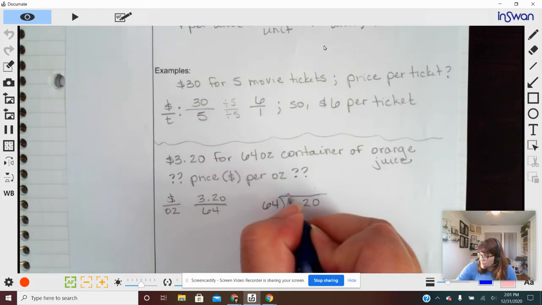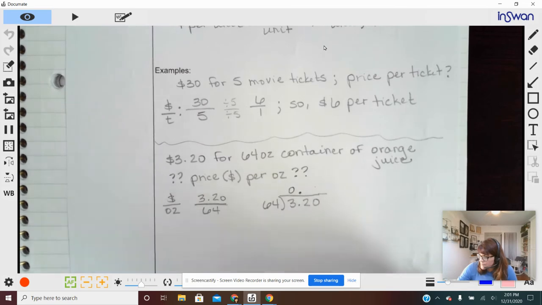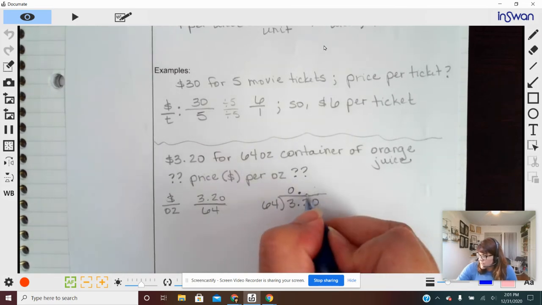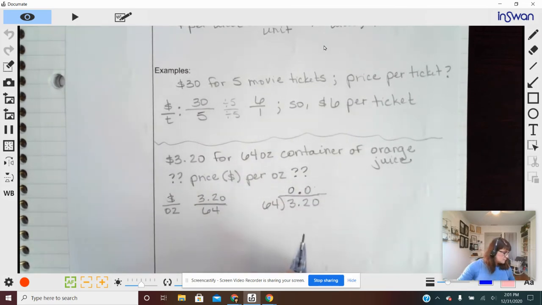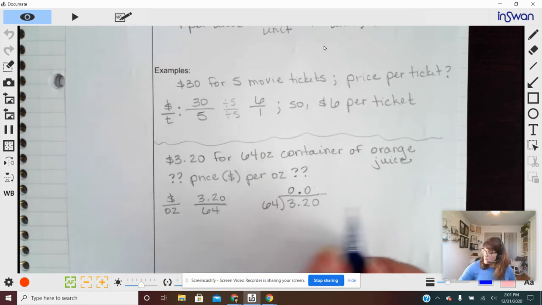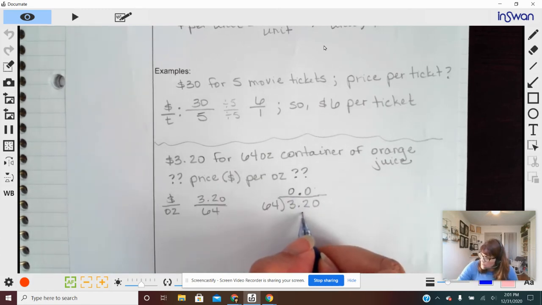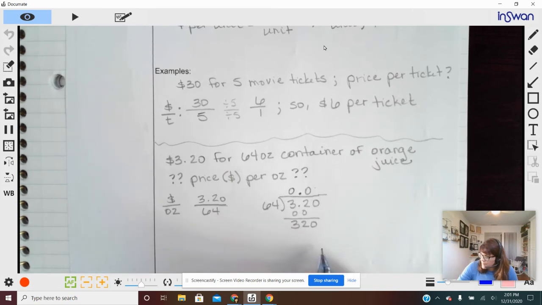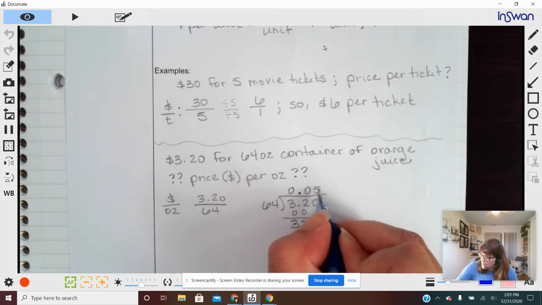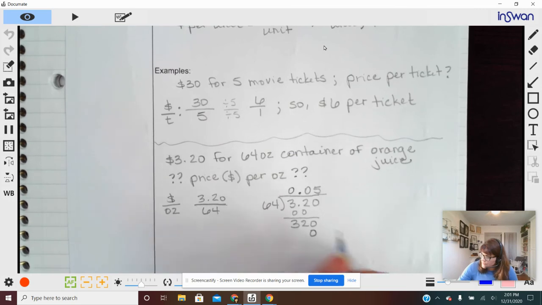64 doesn't fit into 3 at all. 64 doesn't fit into 32 at all. So now we have 320. 5 times 4 is 20, 5 times 6 is 30.